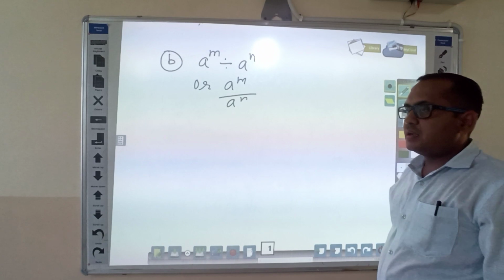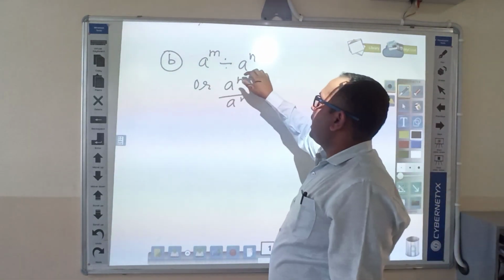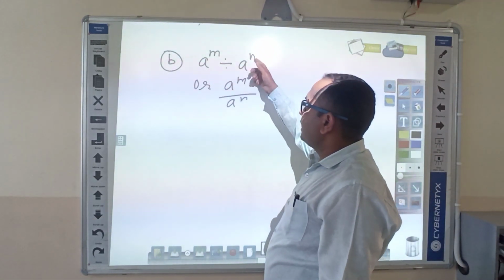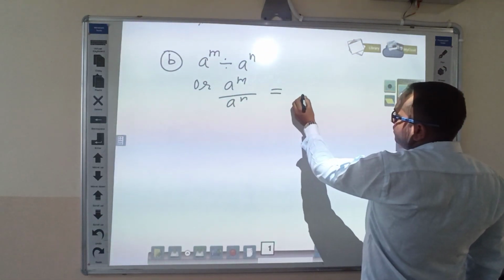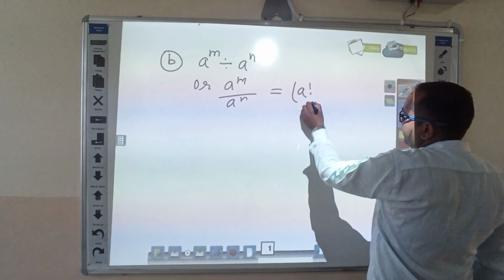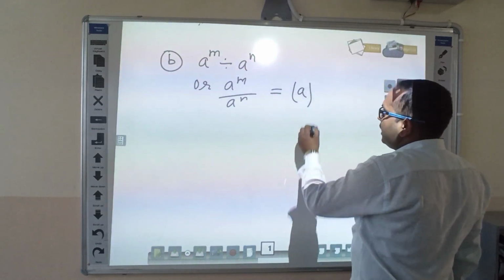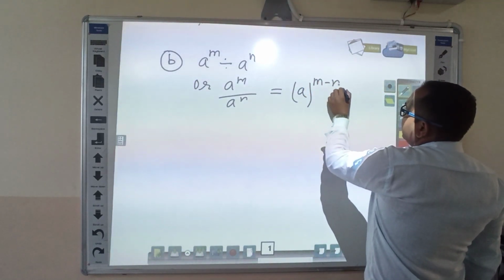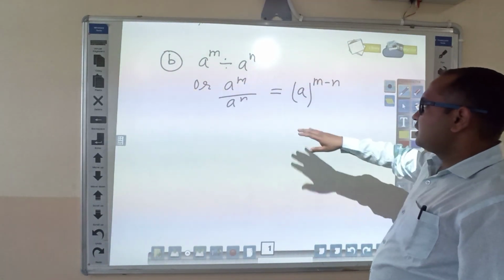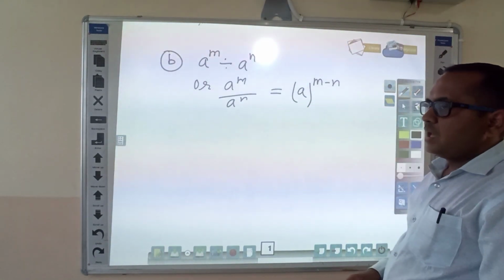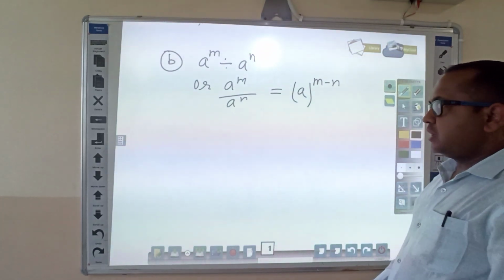When the bases are equal and exponents are different and they are in the division form, then we take base common and subtract the exponent. This is the required answer. We take base as common and subtract the exponent.